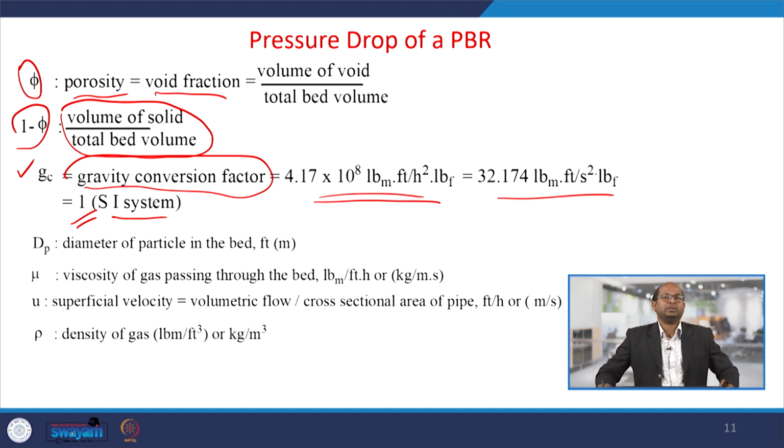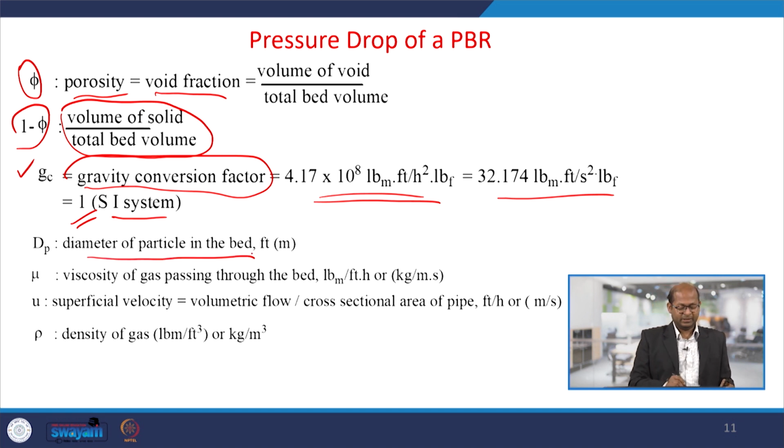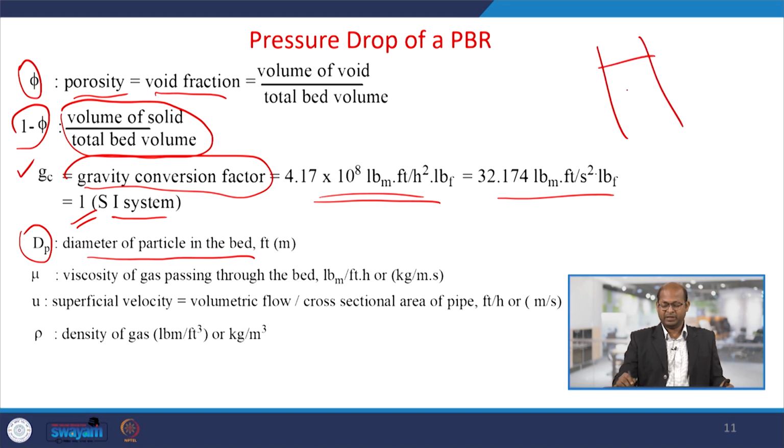Here dP is the diameter of the particles in the bed.